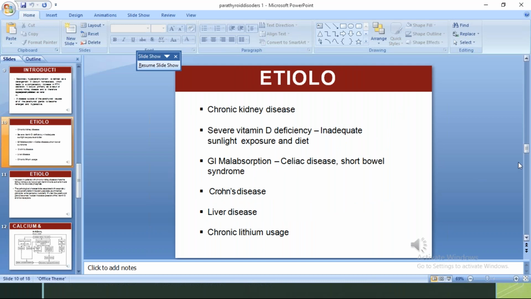So the common causes we already discussed. Most important is chronic kidney disease, and in rare cases it could be because of severe vitamin D deficiency and GI malabsorption such as celiac disease and short bowel syndrome, chronic liver disease, and one more important drug, chronic lithium usage and aluminum toxicity.